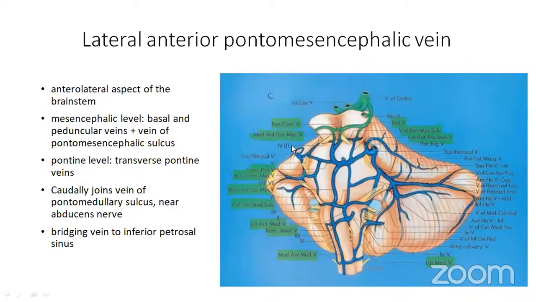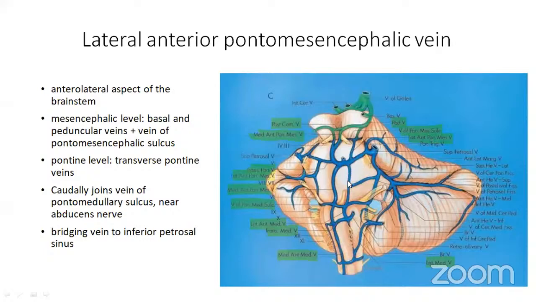The lateral anterior pontomesencephalic veins, as we discussed, are present at the anterolateral aspect of the brainstem. As you can see in this schematic diagram, at the mesencephalic level, they form a junction with the basal and peduncular veins, as has been seen in this diagram, and the vein of the pontomesencephalic sulcus.